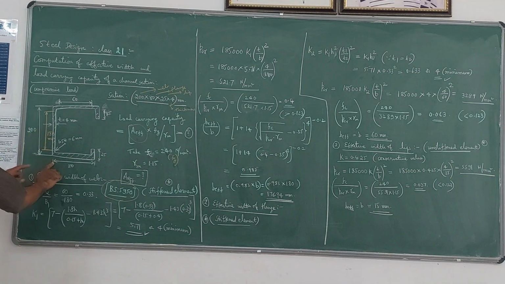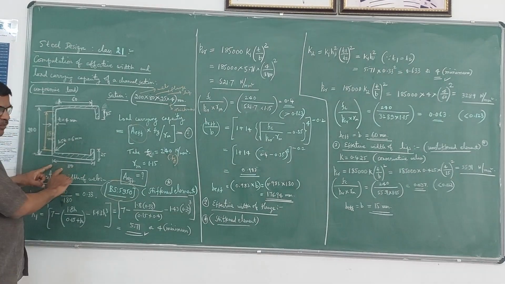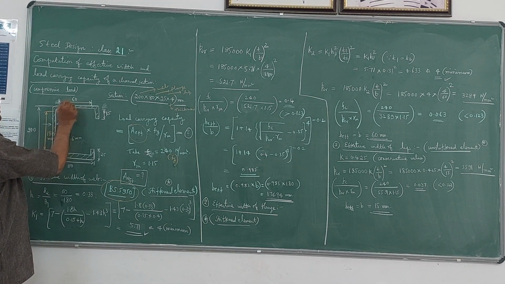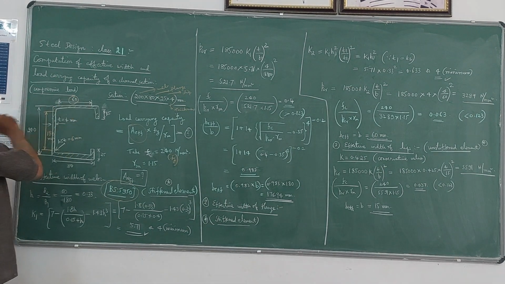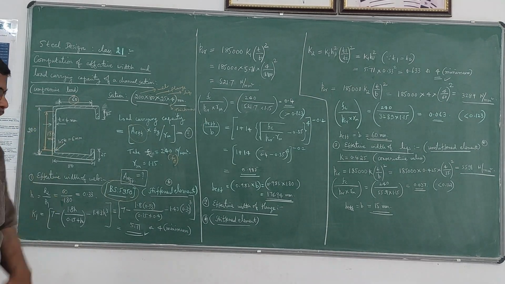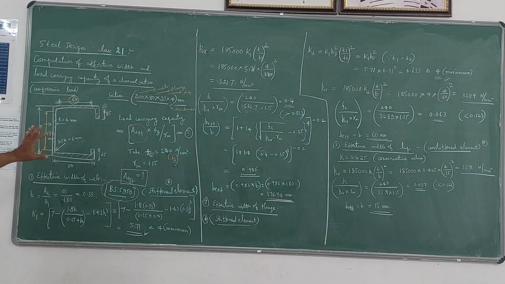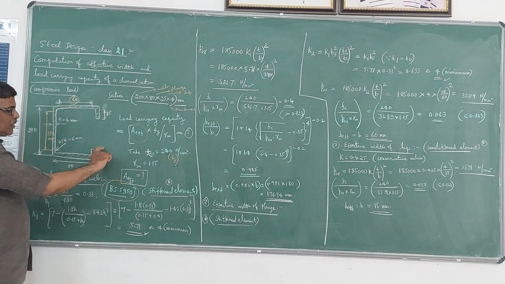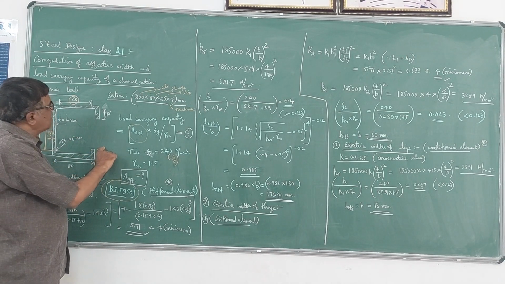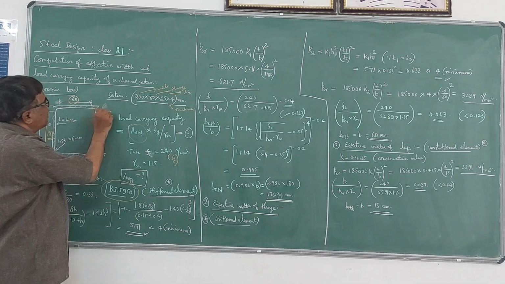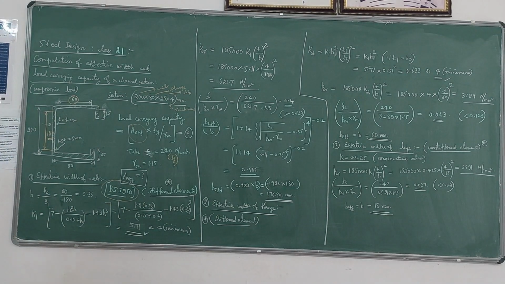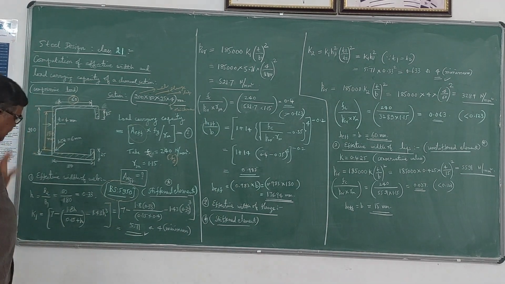And here, the overall width of the flange is 80, but we have to take 60 mm as the width of the flange. Now thickness of course is 4 mm. And coming to the lip, 25 mm is the overall width of the lip, but we have to consider only 15 mm. All these details are available in BS 5950 for this particular type of section.